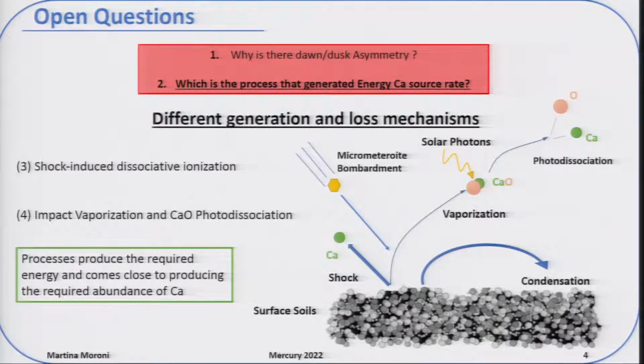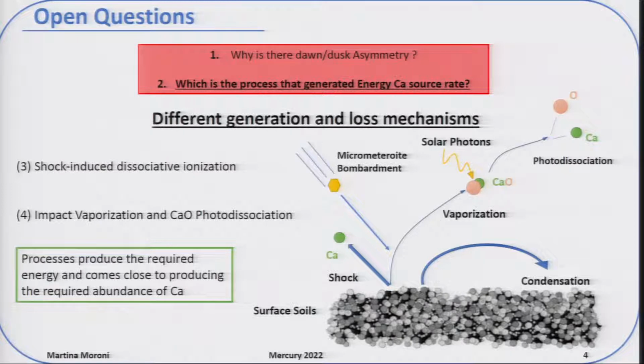But the neutralization of this molecule is so fast that, also in our simulation, we model the micrometeorite impact as releasing directly and only energetic calcium. It is interesting to look at some laboratory experiments on the impact of meteorites. The interesting point is the temperature of the vapor cloud generated by the impact, because we can see that the temperature is greater than 20,000 Kelvin, which is in accordance with the observation.